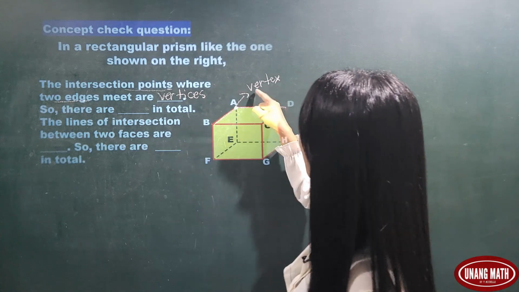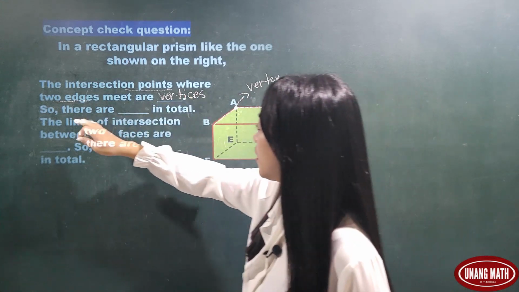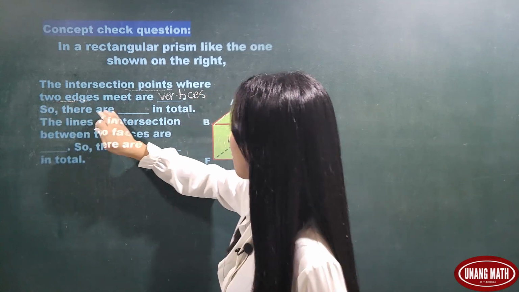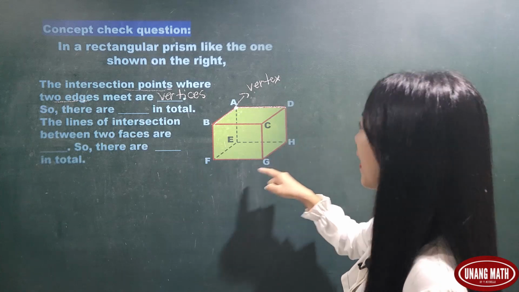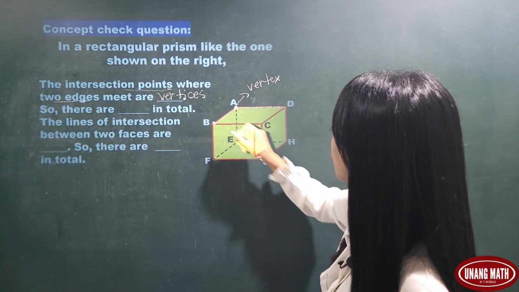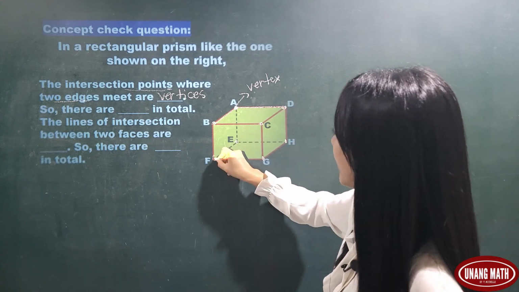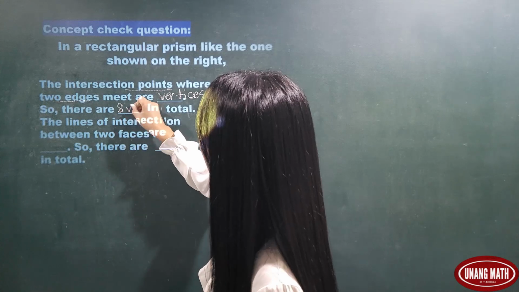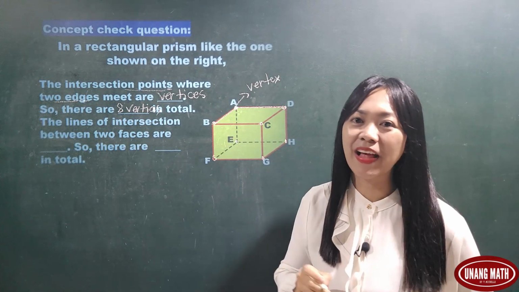The plural form for vertex is vertices. Let's continue. So there are blank in total. How many vertices do we have in this rectangular prism? This is 1, 2, 3, 4, 5, 6, 7, 8. So there are 8 vertices in total.